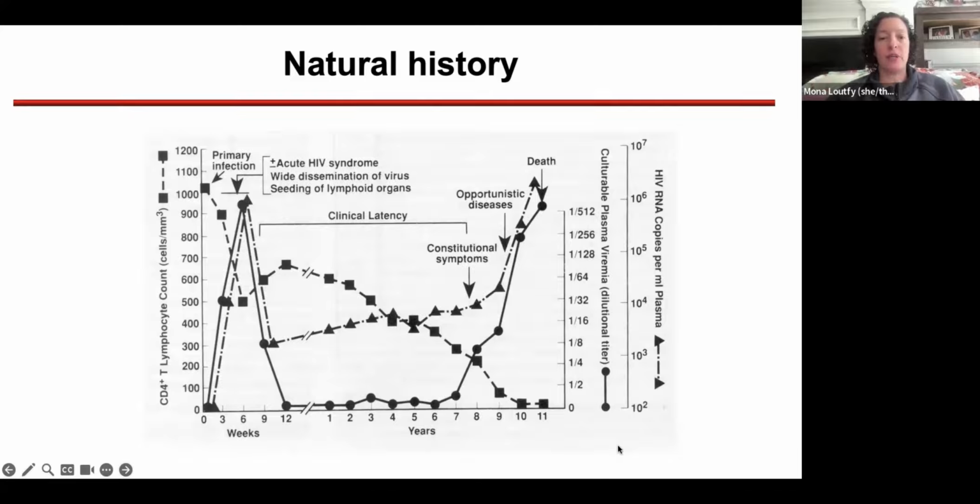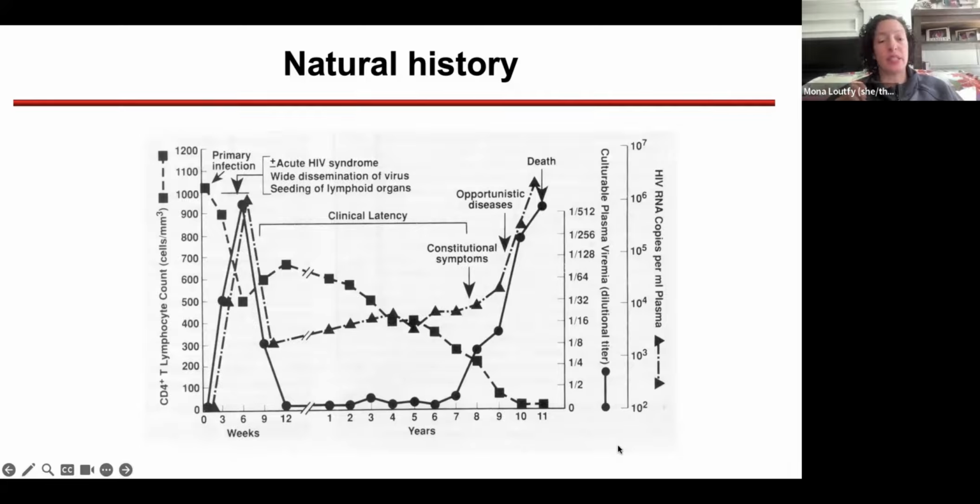So on average, if the set point is around 10 to 50,000 copies per milliliter, that would be standard. Then you can see the line that has the squares. Do you see that line with the squares? That line is the CD4 count. So a person's usual CD4 count is about 1,000 cells per millimeter cubed.